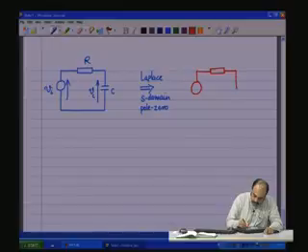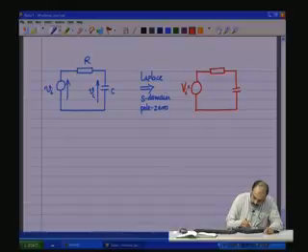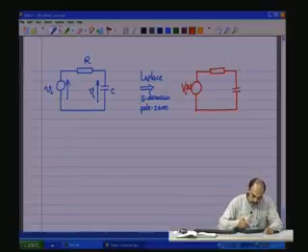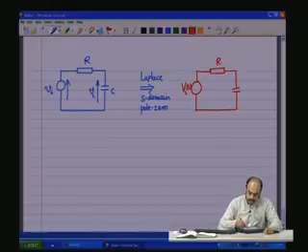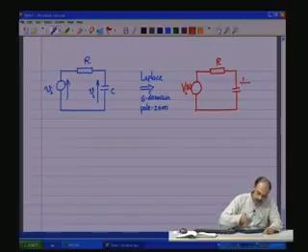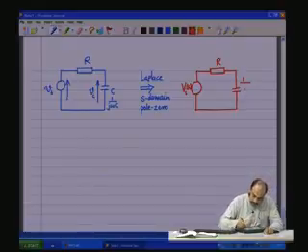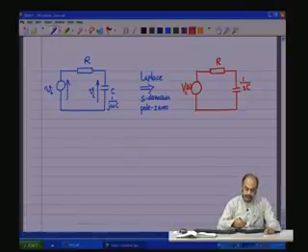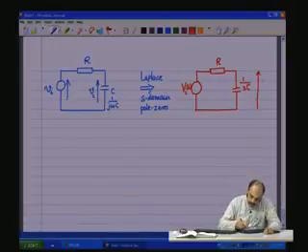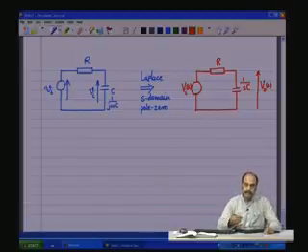We have the R, C, so we have Vi which is now a function of S. Lowercase v has been converted to uppercase V, R remains as R, and C, which was the reactance 1/j omega C, will now result in 1/SC, and the voltage across C is now uppercase Vc, a function of S.